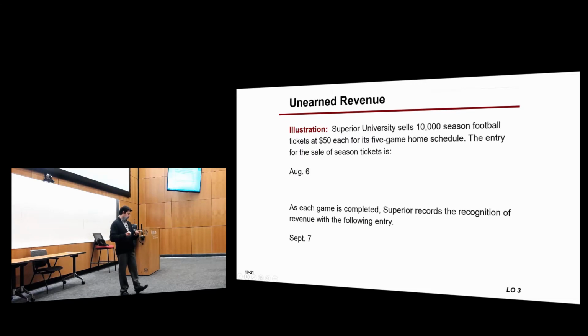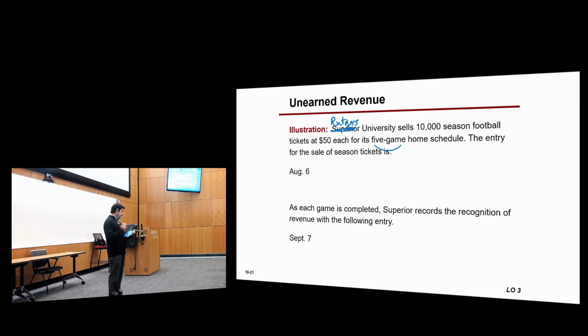So for example, Rutgers University sells 10,000 season football tickets at $50 each for its 5-game home schedule.